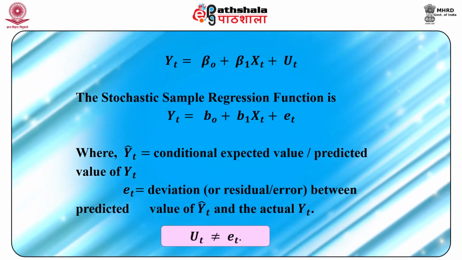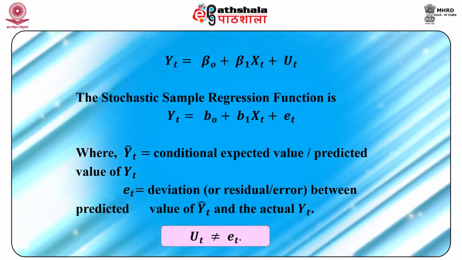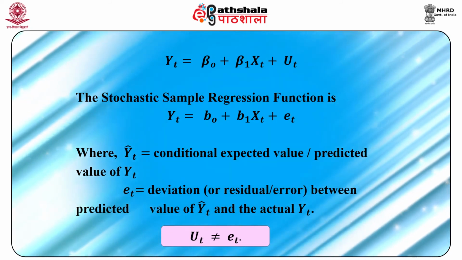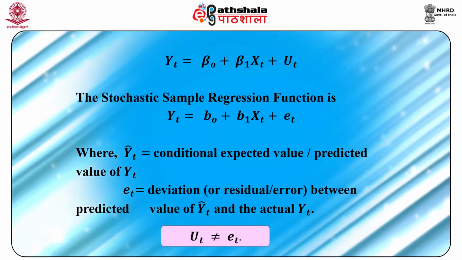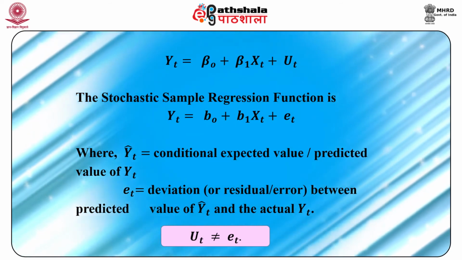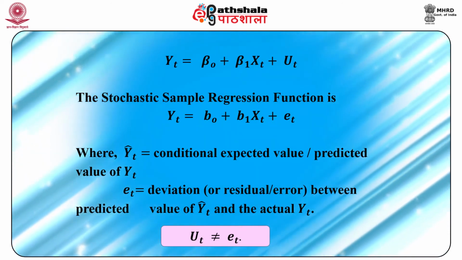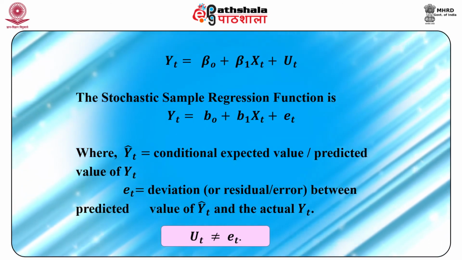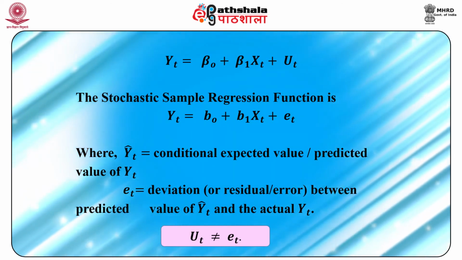Once you look at this figure, you will recall that the stochastic population regression function can be written as yt is equal to beta 0 plus beta 1 xt plus mu t, whereas the sample regression function is now written as yt is equal to b0 plus b1 xt plus et. So instead of mu t, we are now using a new notation et, and let me make it very clear that mu t and et are not exactly the same. yt hat is the conditional expected or predicted value of yt.